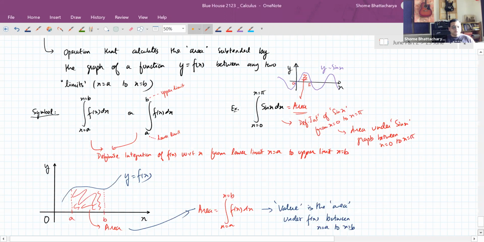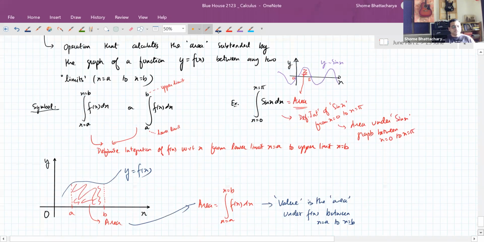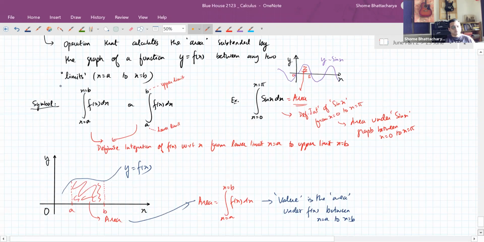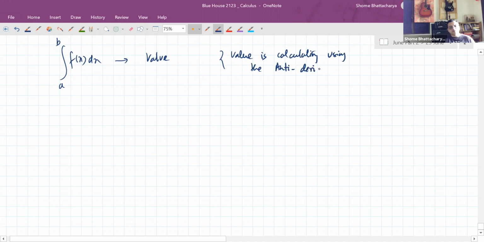Now let us see how we actually calculate this. How do we get the value of this integration? It turns out that the value is calculated using the antiderivative. That is where the indefinite integration becomes important.